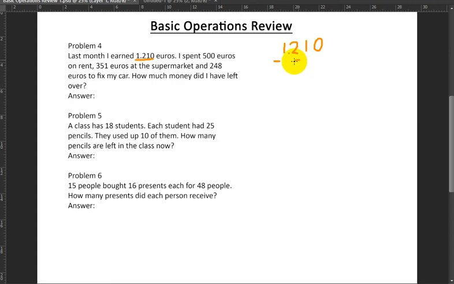So first I have to subtract 500. Which would give me 710. Then I would have to do 710 minus 351, which would give me what?